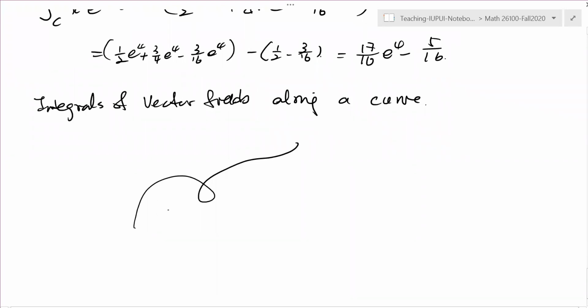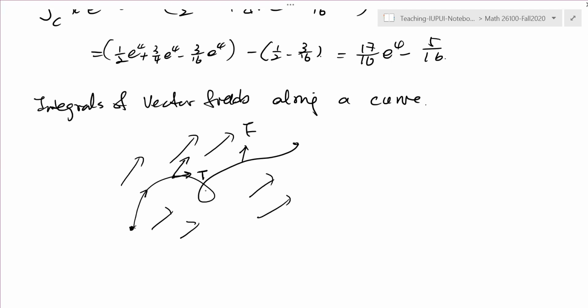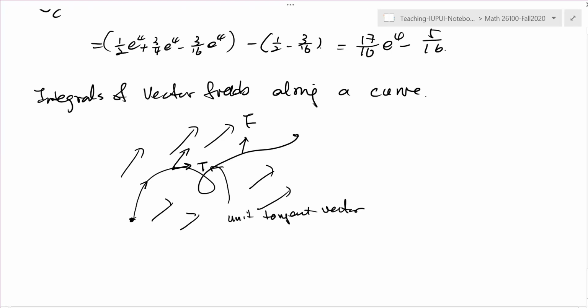This is the starting point, this is the end point. You have a vector field in the space, that's F. Maybe the vector field is just along the curve. You don't really need to know the vector field away from the curve. But at every point, there's a unit tangent vector here, and here. This T is a unit tangent vector. It is in the same orientation as the curve.